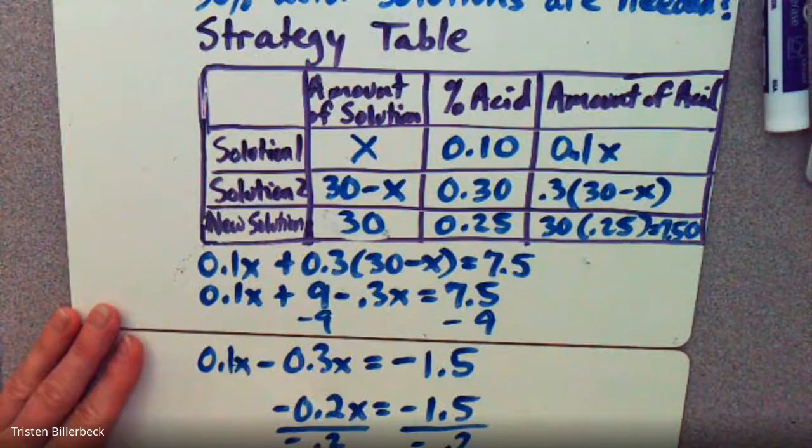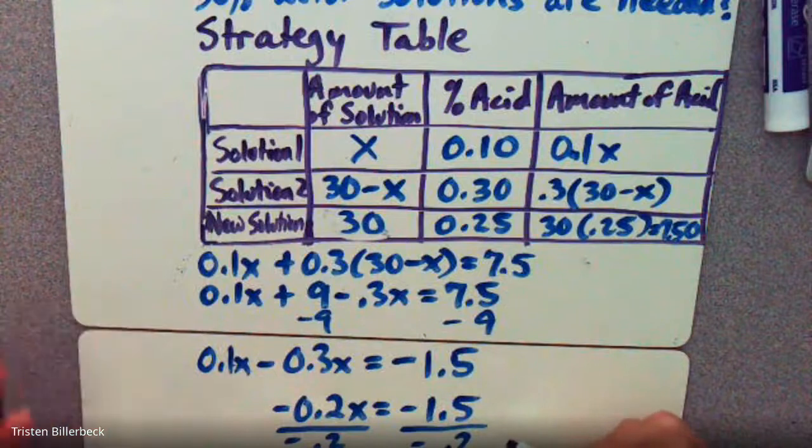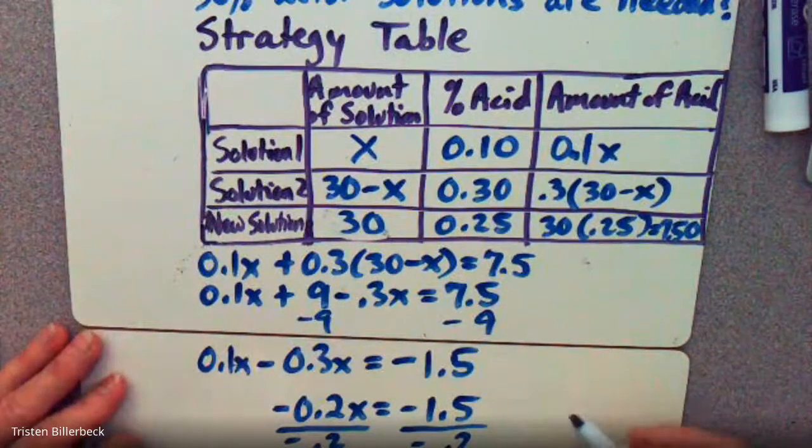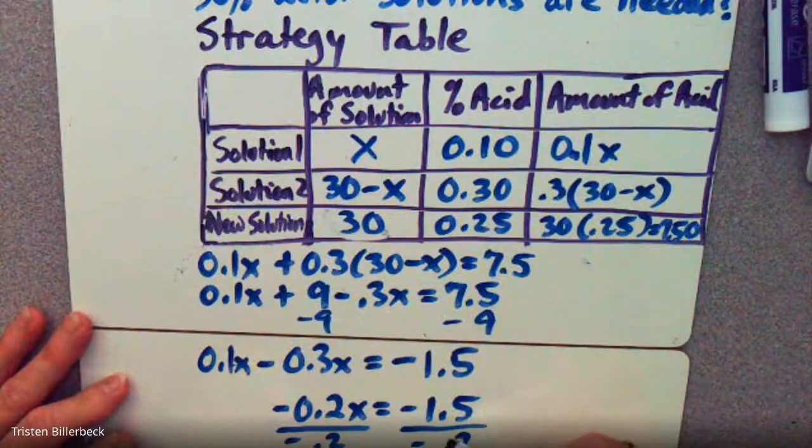Okay, so on this, if we want to do this nice and easy, we can move the decimal on both of them, so it's 15 over 2. So then we have x equals 7.5.